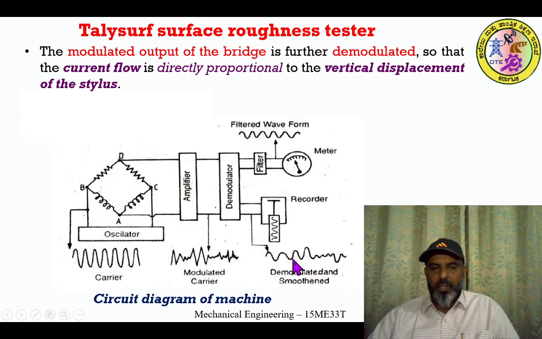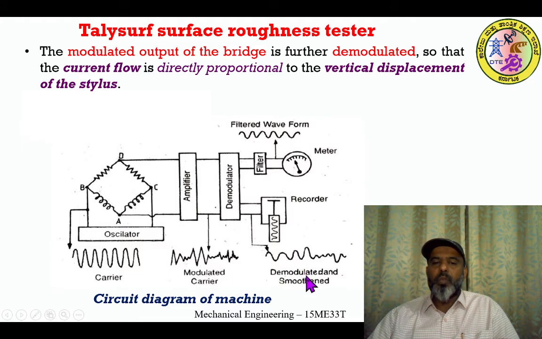As you compare the modulated carrier signals and the demodulated and smoothened surface, here the surface finish is very smooth, whereas in the modulated carrier we have sharp peaks and depths. Therefore, the demodulator converts the modulated carrier signals into the smoothened surface.